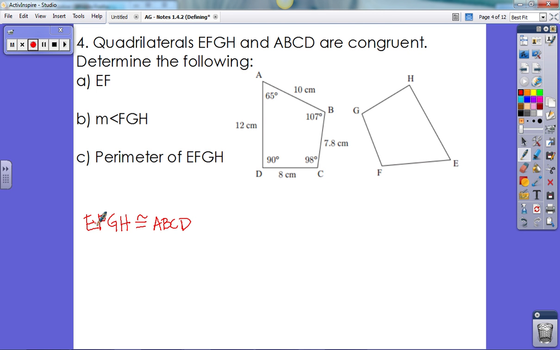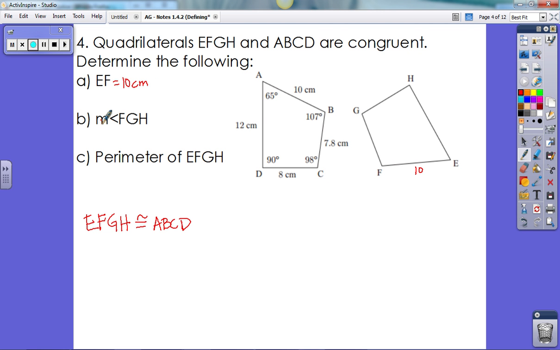E and F are a side length right here, and those are going to be congruent to A and B. That's my corresponding side. So when it asks me what the length of EF is, it would be the same length as AB because EF and AB are both the first two letters when I named it. So EF would equal 10 centimeters.